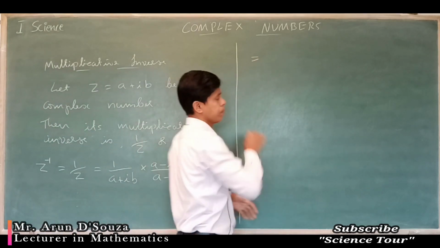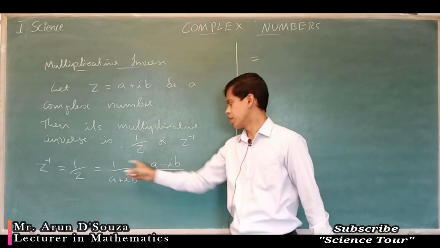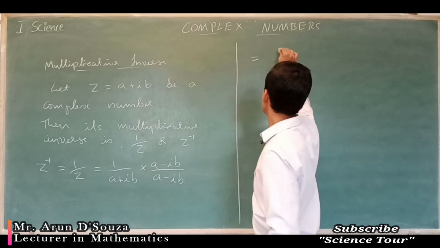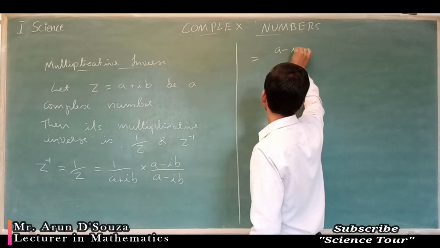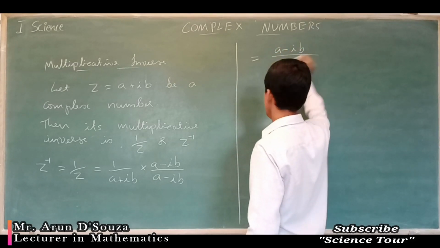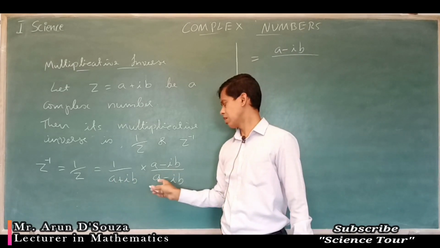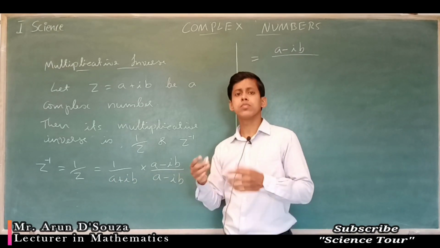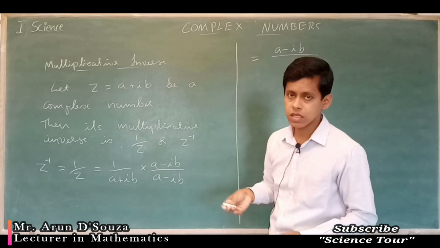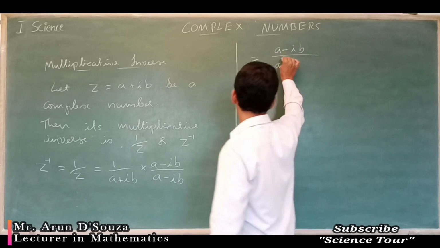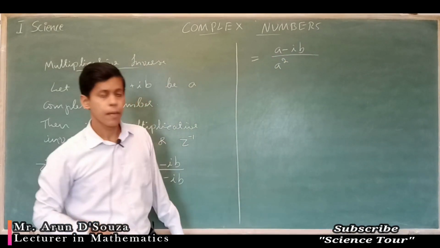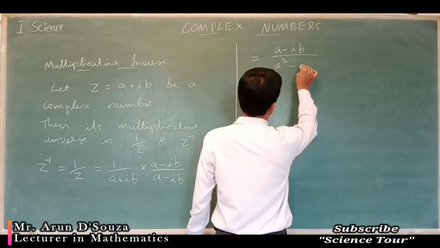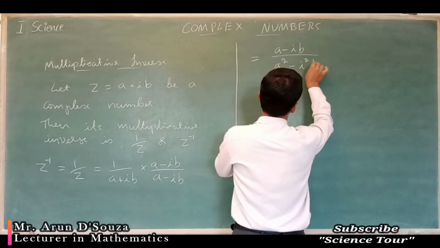Now multiply the numerators. So what you have is a minus ib into 1. So that is a minus ib itself. Divided by, so this is a plus ib into a minus ib, that is (a plus b)(a minus b) form, a square minus b square. So this is like a square minus i square b square.